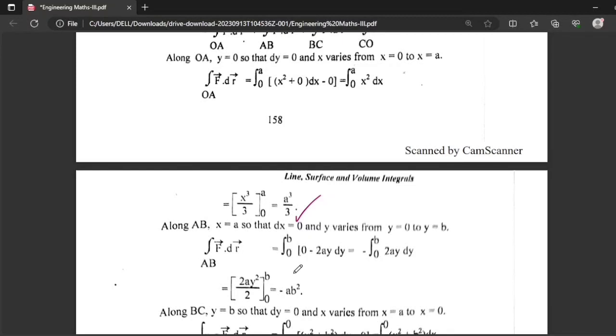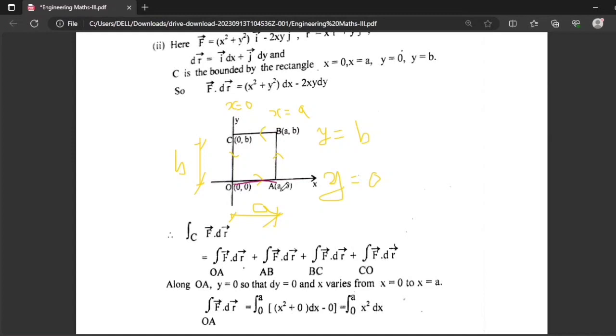And along AB, this is the line with x equals a.